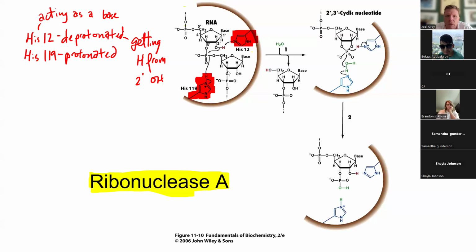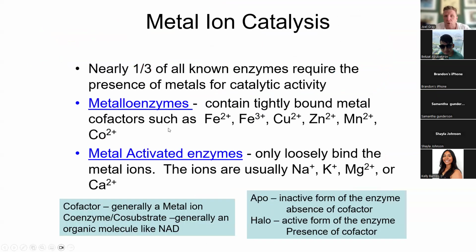Okay, so this is our example of acid-base catalysis. I have a video on my YouTube channel where I dissect this specific mechanism, and I'll share that link with y'all later today. But this is a really great model for illustrating acid-base catalysis.